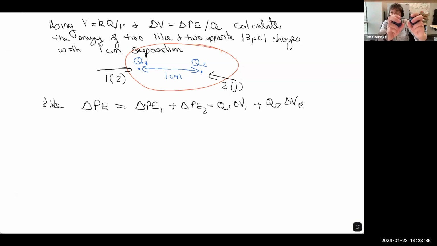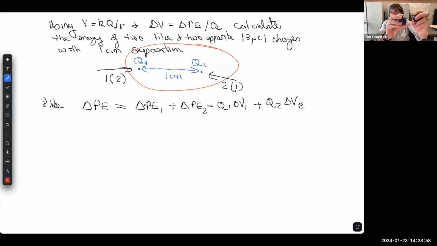It's acquired a change in potential that is given by that formula for the potential of a point charge. It's going to be Q1 over R. It's a distance R from Q1. Q1 is creating electrical potential in its neighborhood. And so this second charge, as I moved it in, does experience a change in electrical potential.